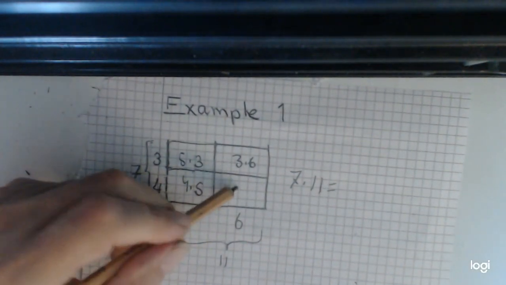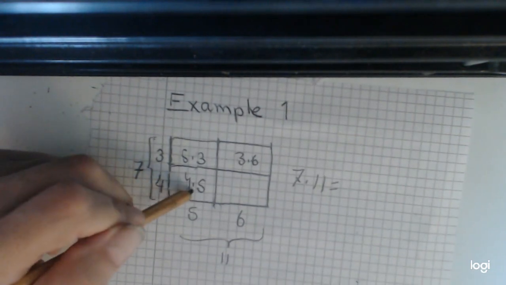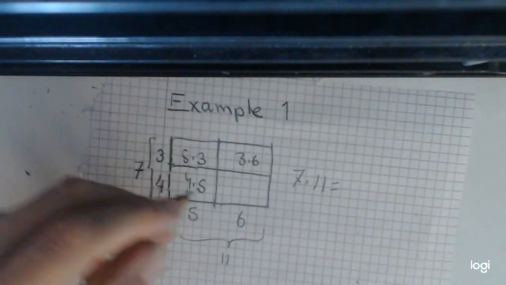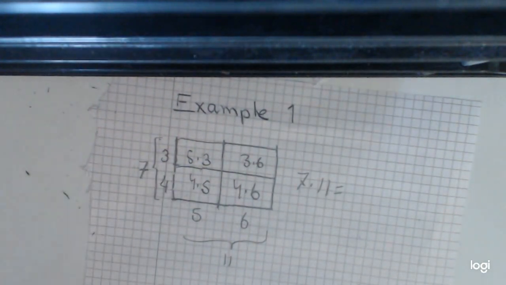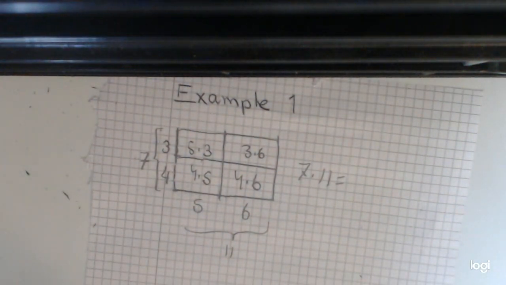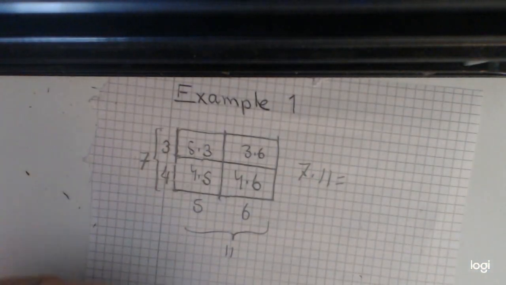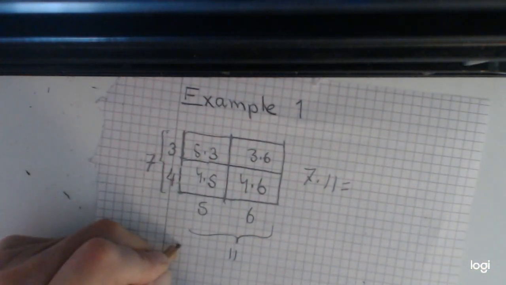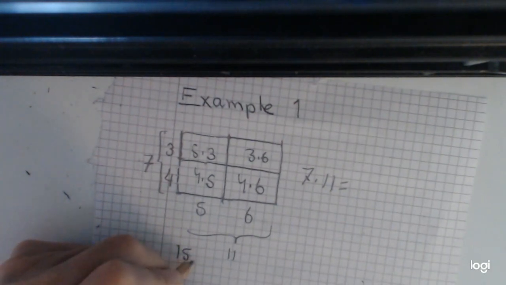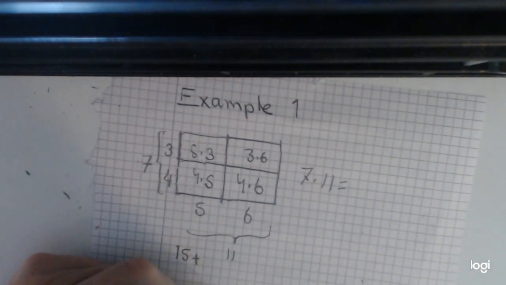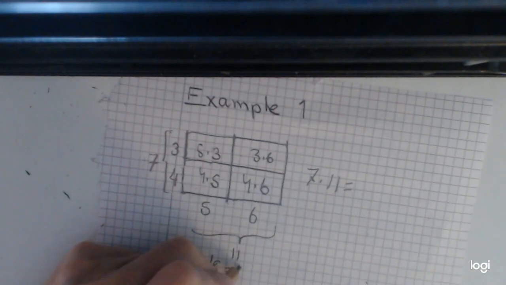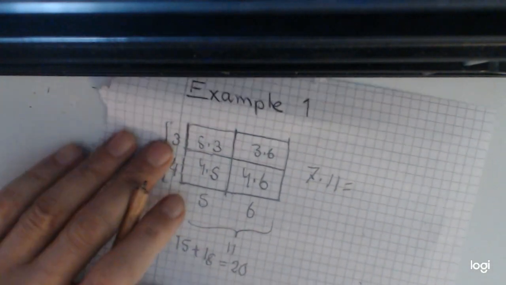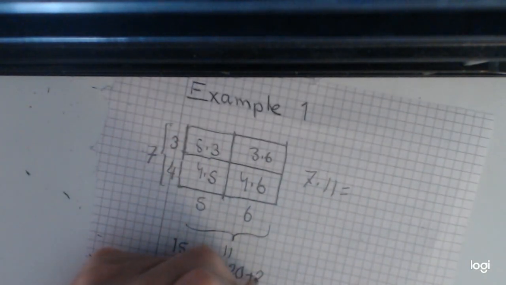And this here is 4 times 6. So the sum will be 15 plus 18 plus 20 plus 24.